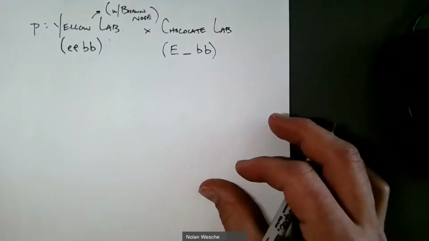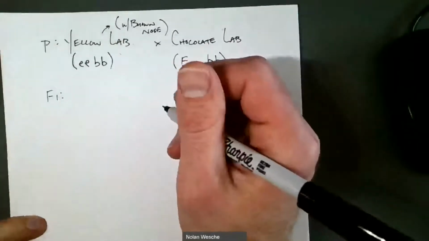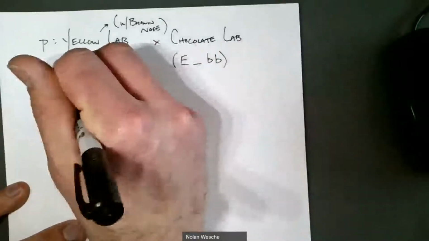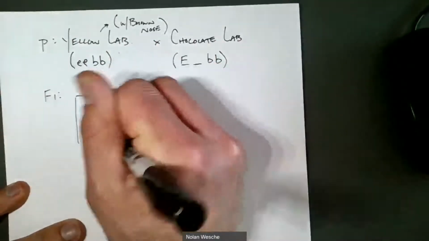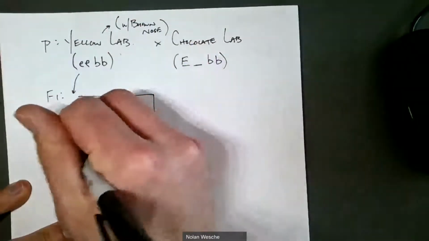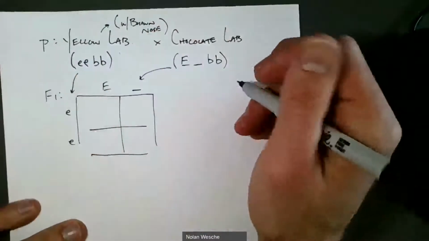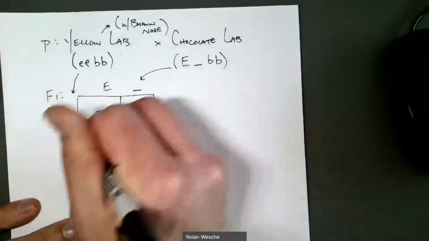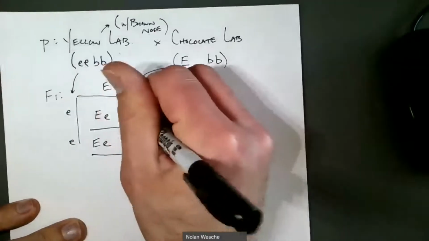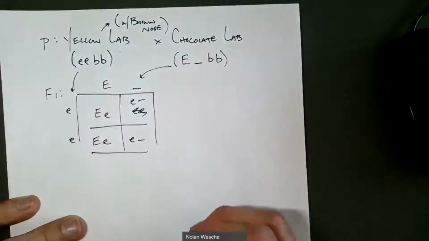So this is what we want to do. We need to set up our F1, and we'll look at our E's first. So we'll go ahead and put our E's over here. So this is what we get.